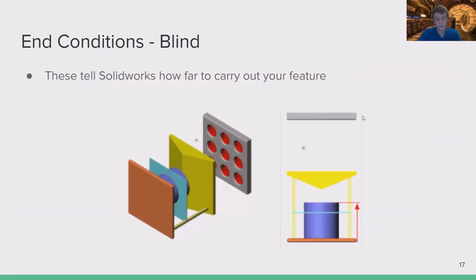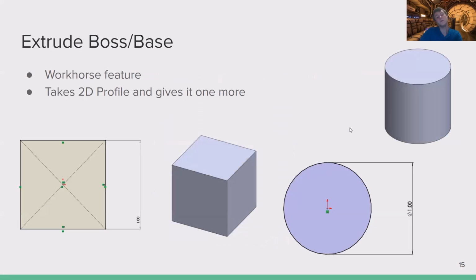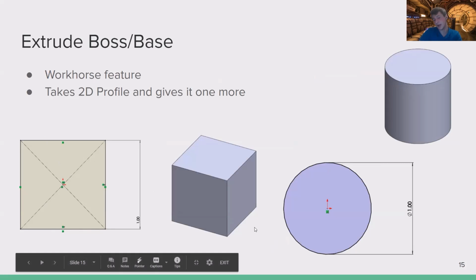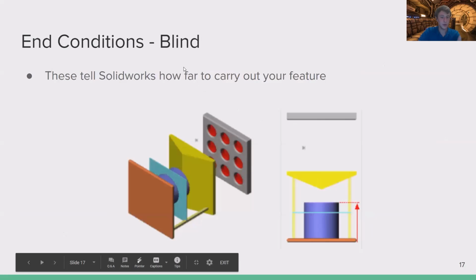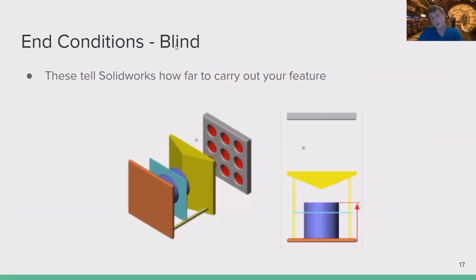All right, so when we're talking about these types of features, we want to think about our end conditions. We've told SolidWorks, okay, I have this 2D profile and I want you to do something with it, but we haven't told it what it should stop at. What I mean by that is I have this cube and I've given it a 2D profile, but I haven't told it how far I want it to extrude. So what I want to do on an end condition blind is tell it how far I'm actually going.